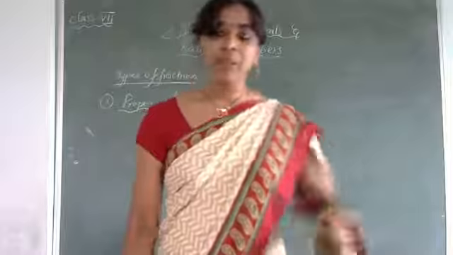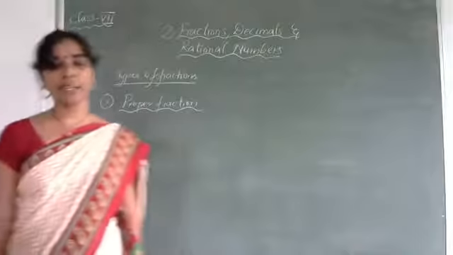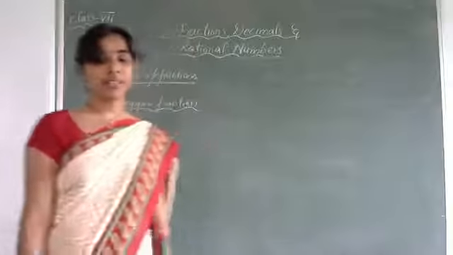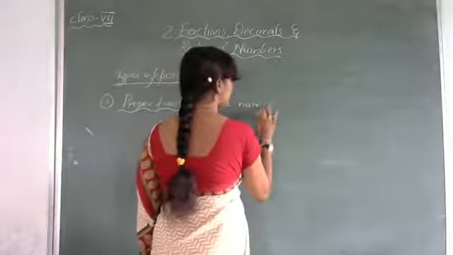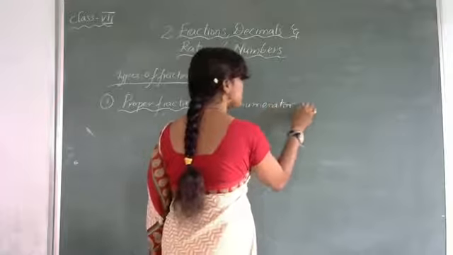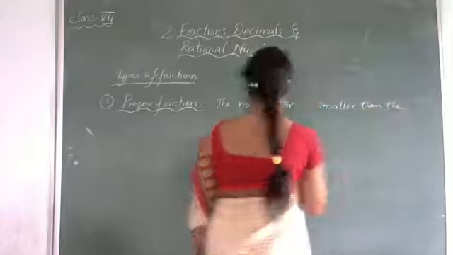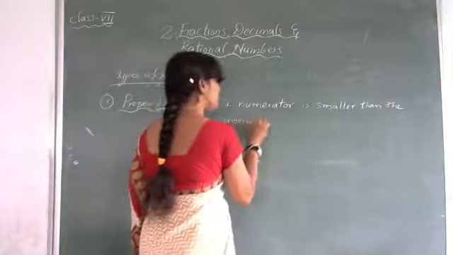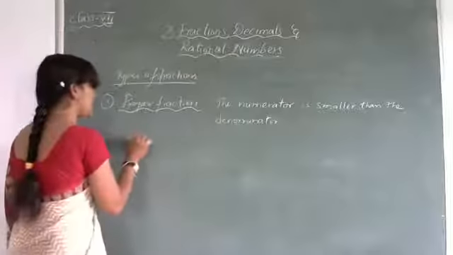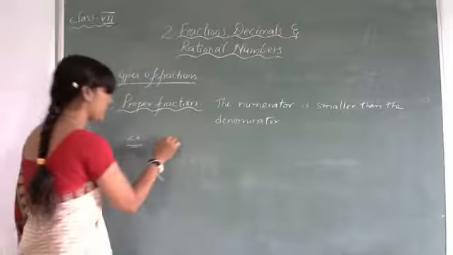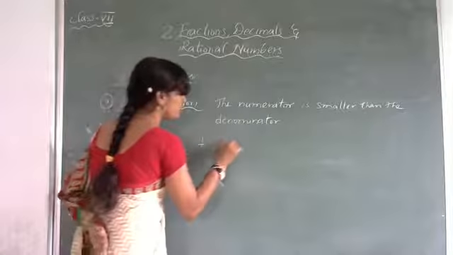The numerator is smaller than the denominator. In a proper fraction, how will the fraction be, children? The numerator is smaller than the denominator. If I write like this, 2 by 3, 1 by 2, 3 by 4.